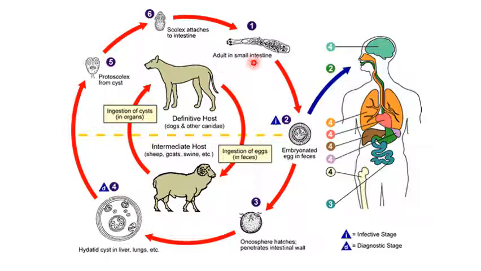As you see here, the adult in the small intestine of dog then releases embryonated eggs in the feces.